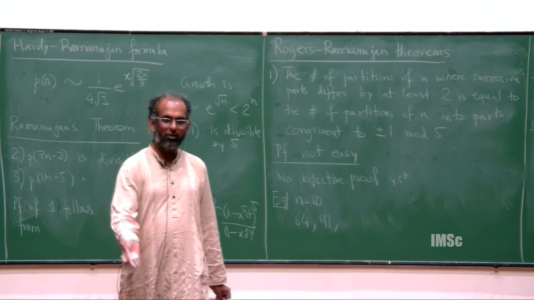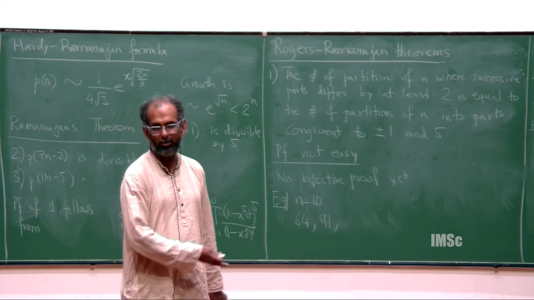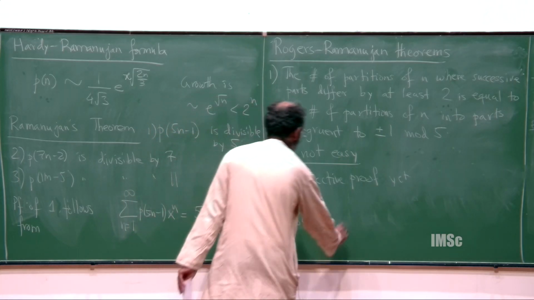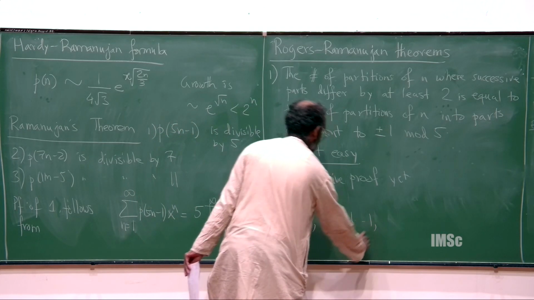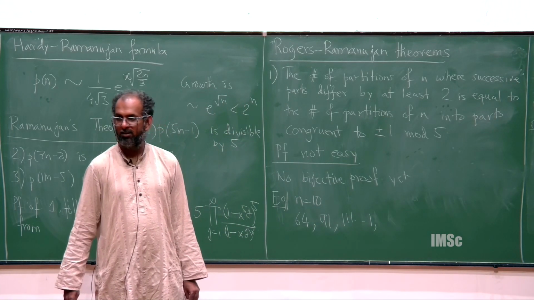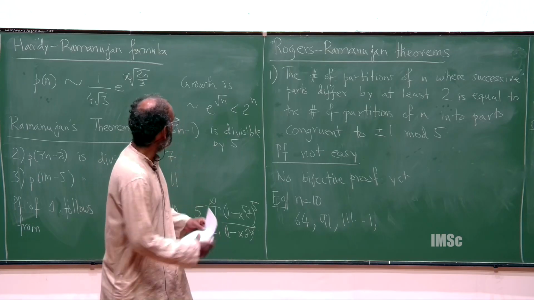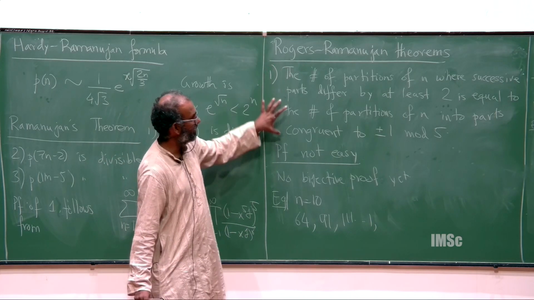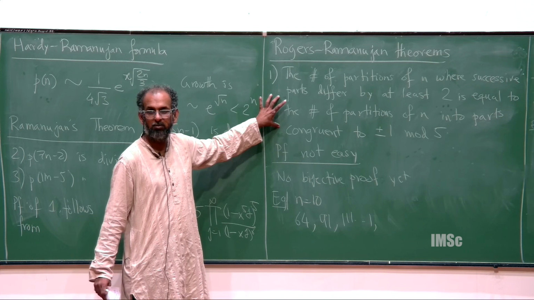I mean 1 is congruent to 1 mod 5, no? So you can do all ones. 1, 1, 1, 1. I will not write 10 ones. Anything else? No, this is this side, not that side. Just plus minus 1 mod 5.